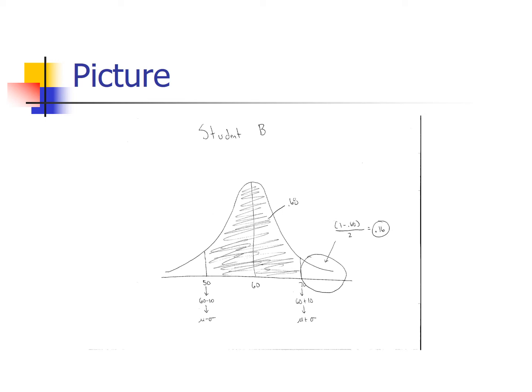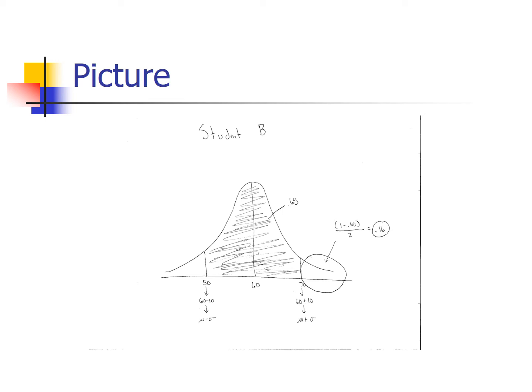Well, remember, the difference between this and the previous problem is that for this one, the standard deviation is 10. So whereas before, for student A, 70 was 2 standard deviations above the mean, here, because we have a different standard deviation, 10, 70 is only 1 standard deviation above the mean.